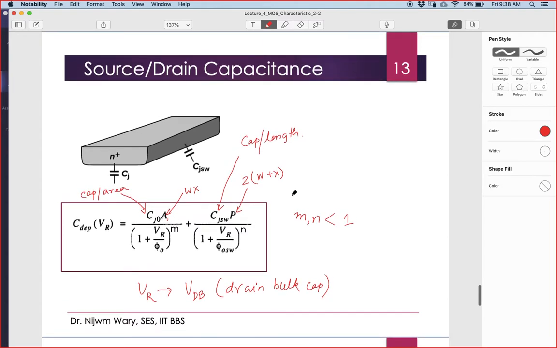So these are all different kinds of parasitic capacitance that exist in a CMOS device.